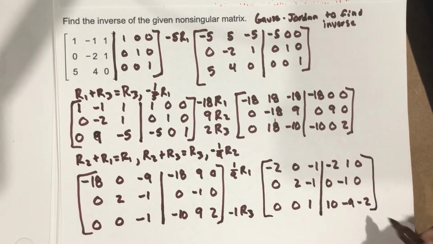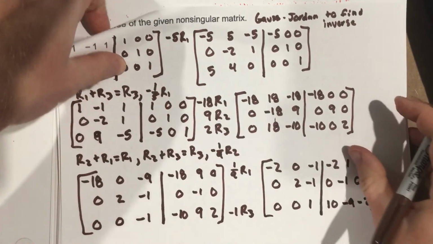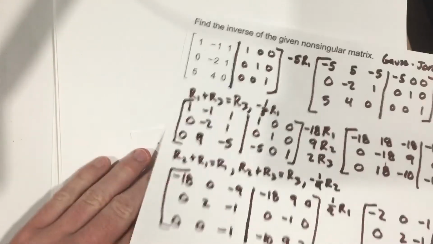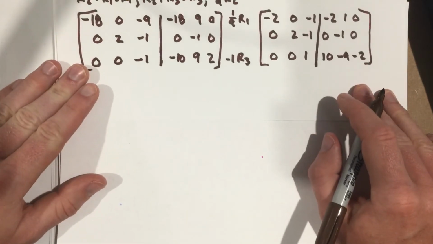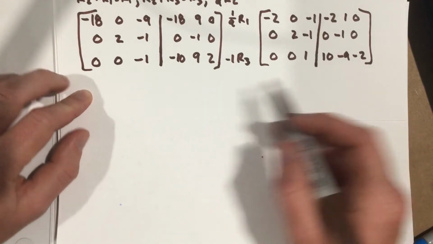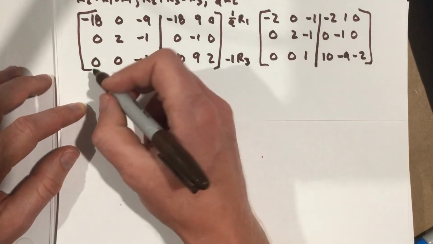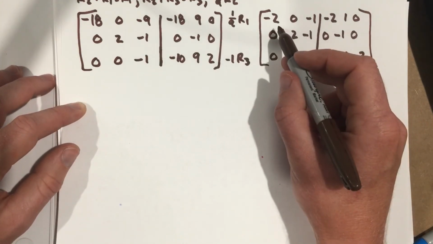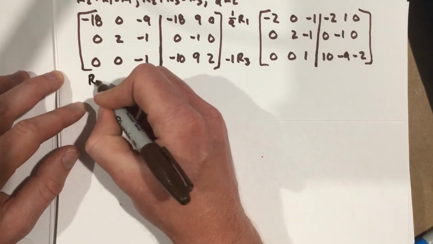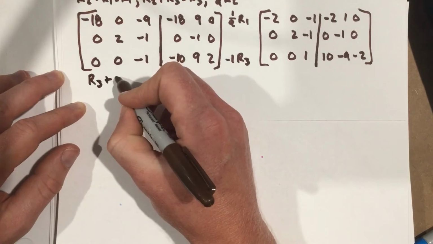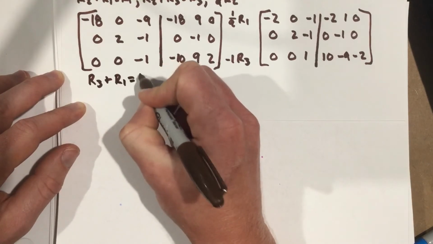Now we're set up to cancel those. We're going to do row 3 plus row 1 equal row 1.